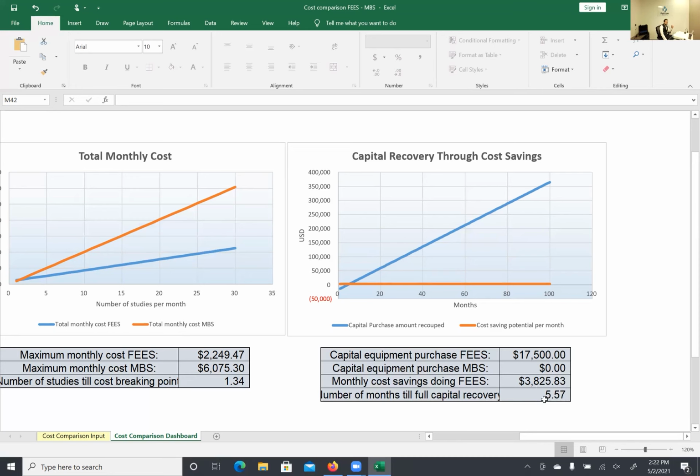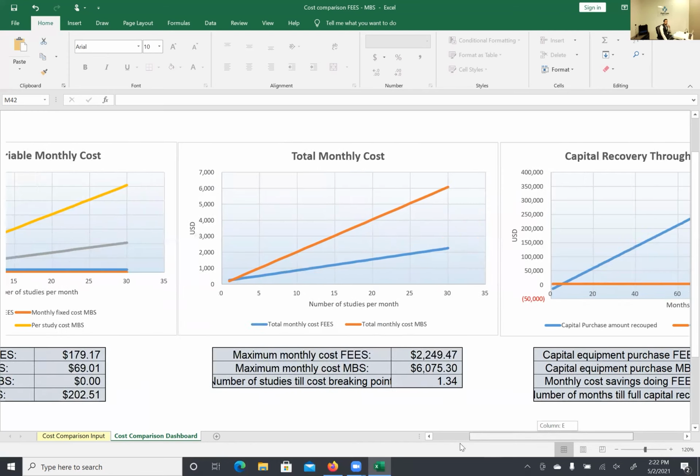So this number here, 5.57, that's a timeline, right? After 5.57 months, the entire equipment, the $17,500, will be paid for if you do 30 fees versus MBS studies per month. Right, so this is how that works.